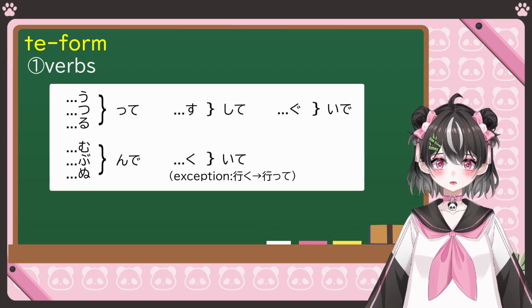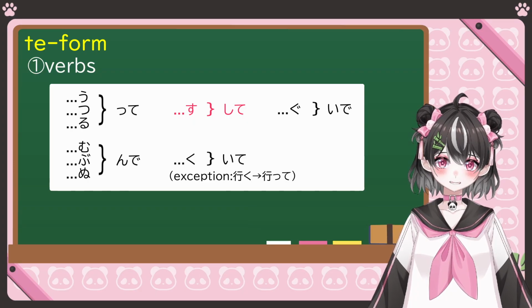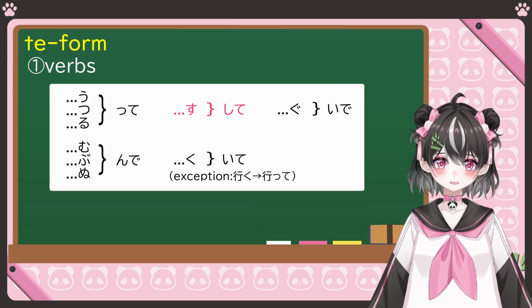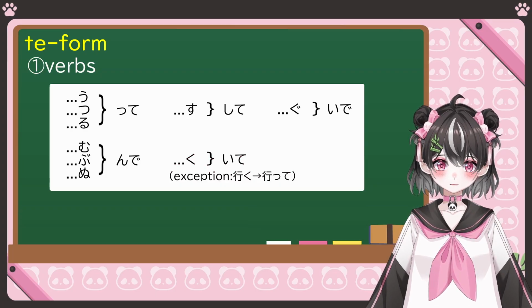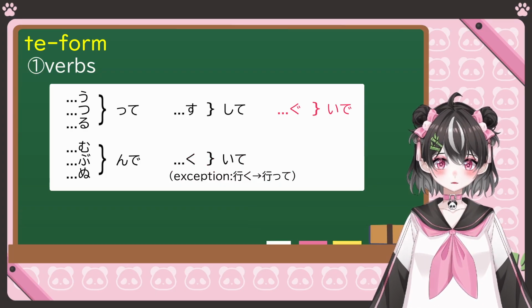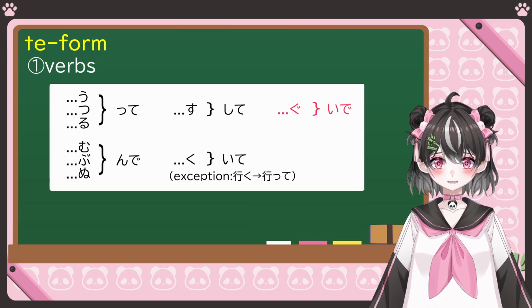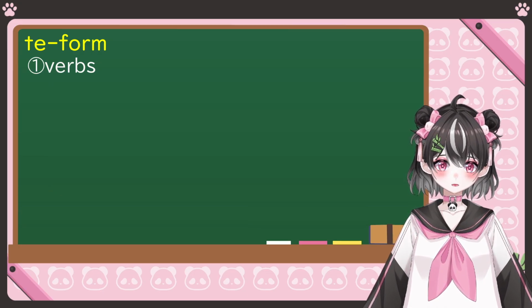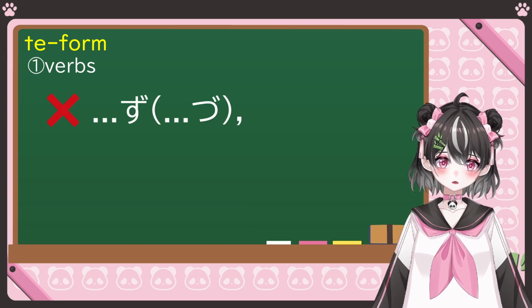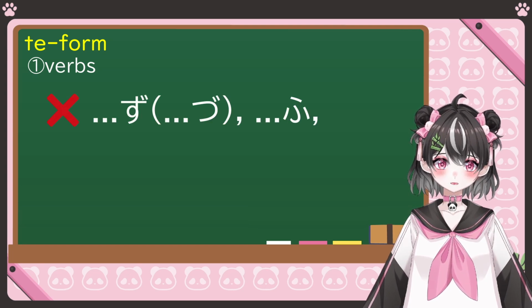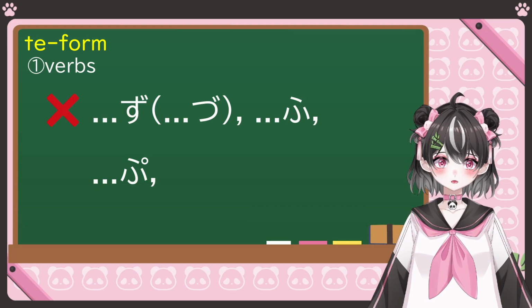Verbs ending in su become shite. Verbs ending in ku become ite. And verbs ending in gu become ide. In modern Japanese, there are no verbs that end in zu, fu, fu, or yu.